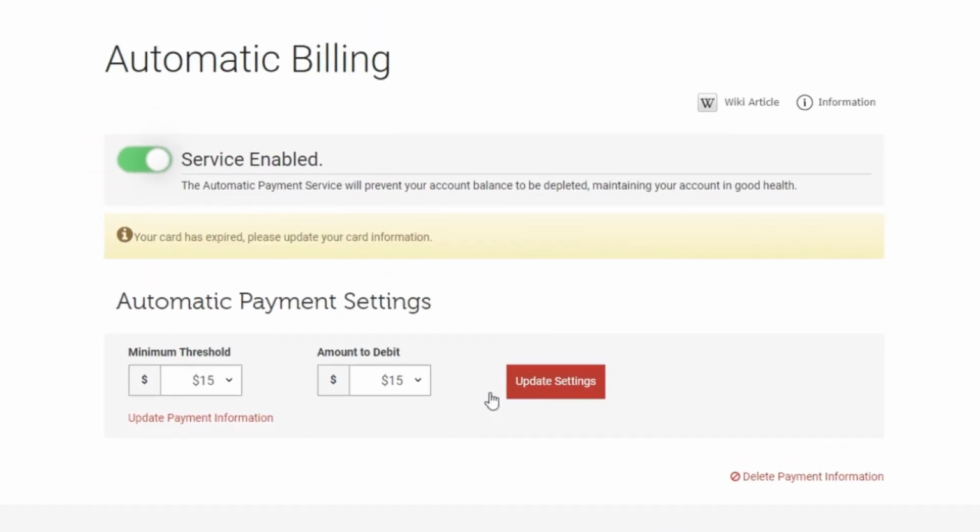After the credit card is approved, you can set your automatic charging balance threshold and the amount you'd like to credit to your account whenever you're running low on credits.